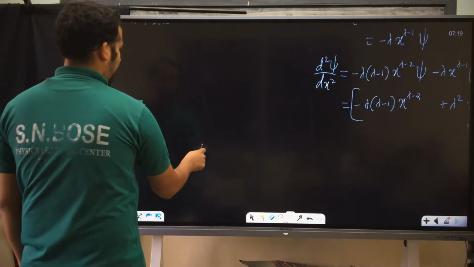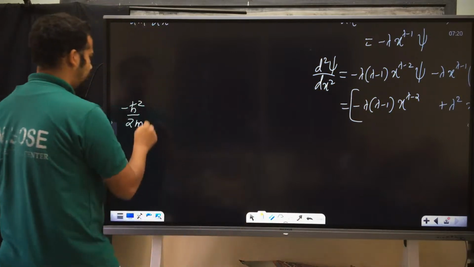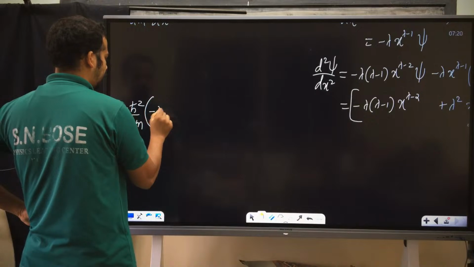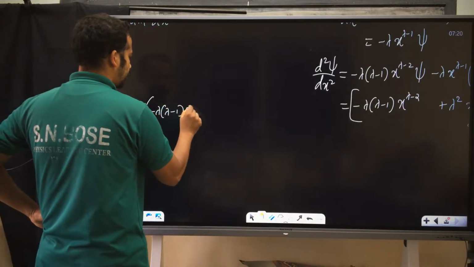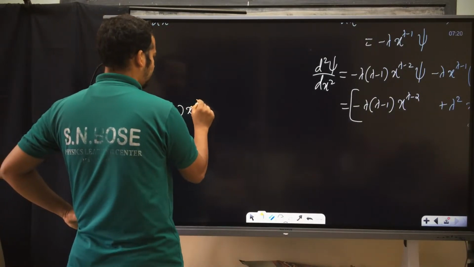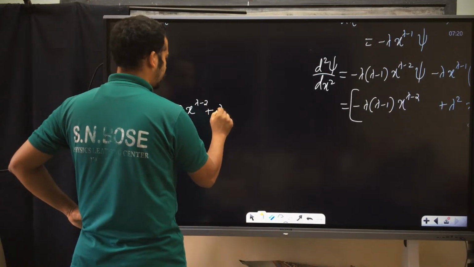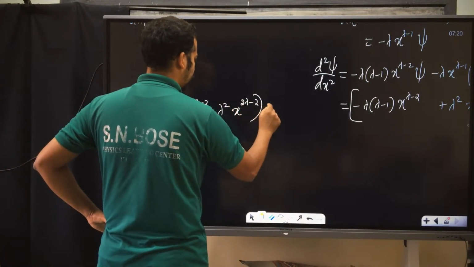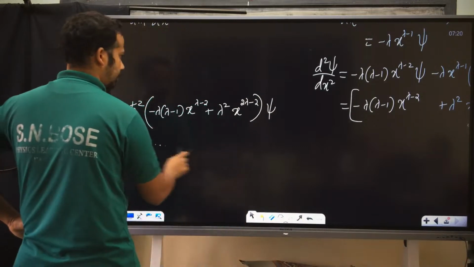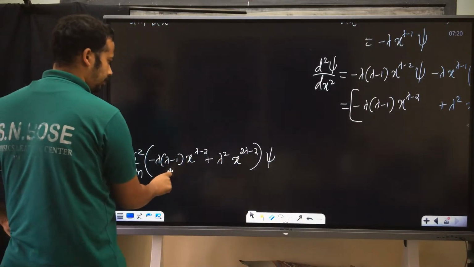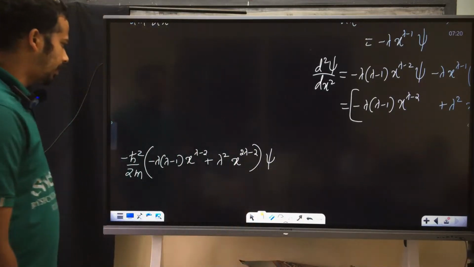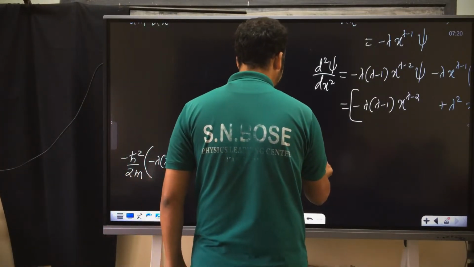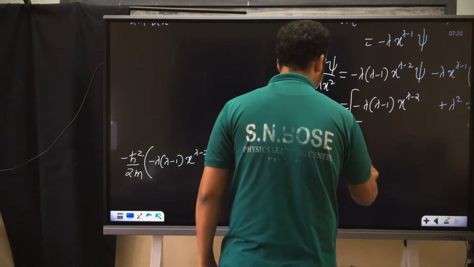You can take lambda into x power lambda minus 1... Minus lambda into lambda minus 1 x power lambda minus 2 plus lambda square x power 2 lambda minus 2, into psi. Am I right? Is that okay? Minus h bar square by 2m second derivative plus v of x into psi is equal to e into psi.